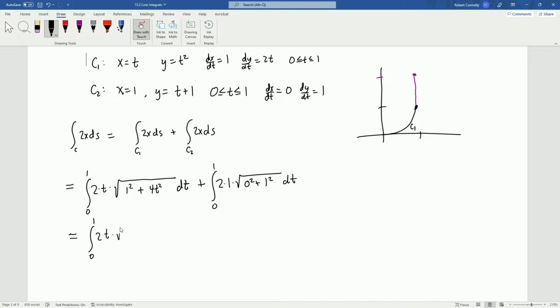All right, so just going to clean this up a little bit. Here we're going to need a u substitution of u = 1 plus 4t squared. So du is going to be 8t dt. And I'd like to replace 2t dt, so I realize I can divide by 4 and get du over 4 equals 2t dt.